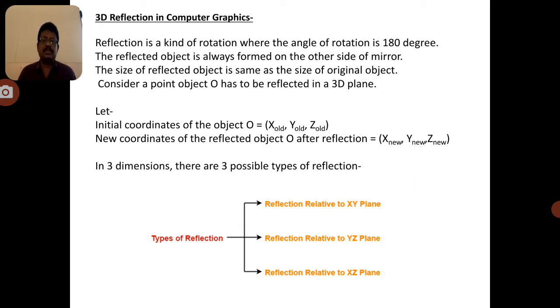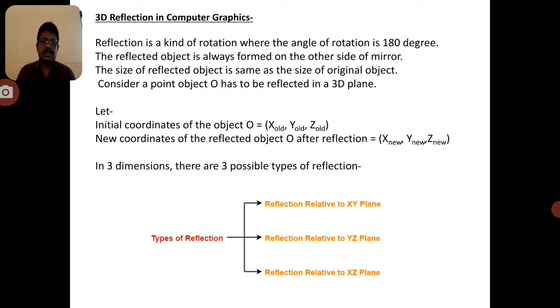Now, some notation in three-dimensional reflection. Consider a point object O that is reflected in the 3D plane. The initial coordinates of the object are defined as x old, y old and z old, and the new coordinates of the reflected object O after reflection are x new, y new and z new. In three dimensions there are three possible types of reflection.